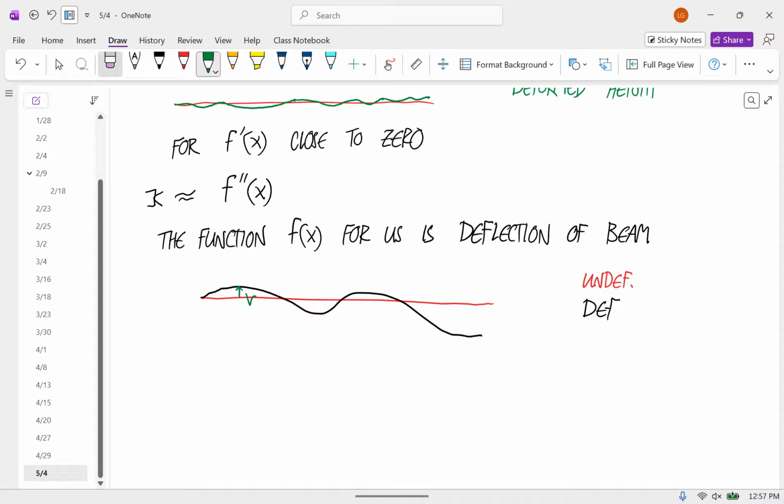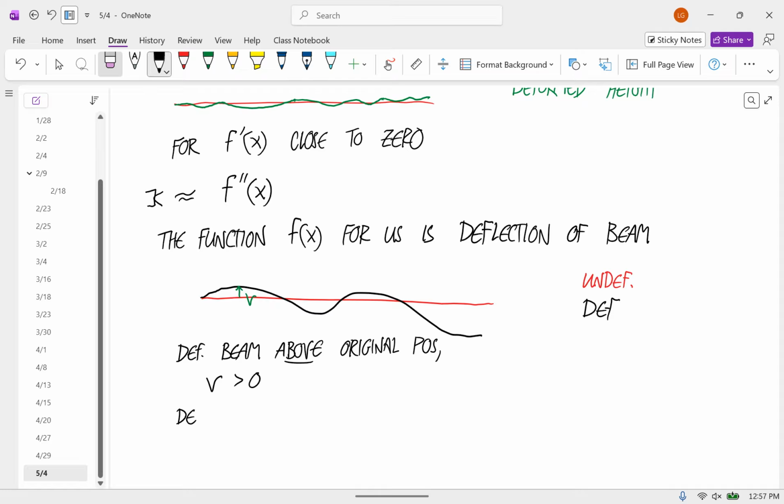And I'm going to call it V. If the deformed beam is above its original position, then V is positive.